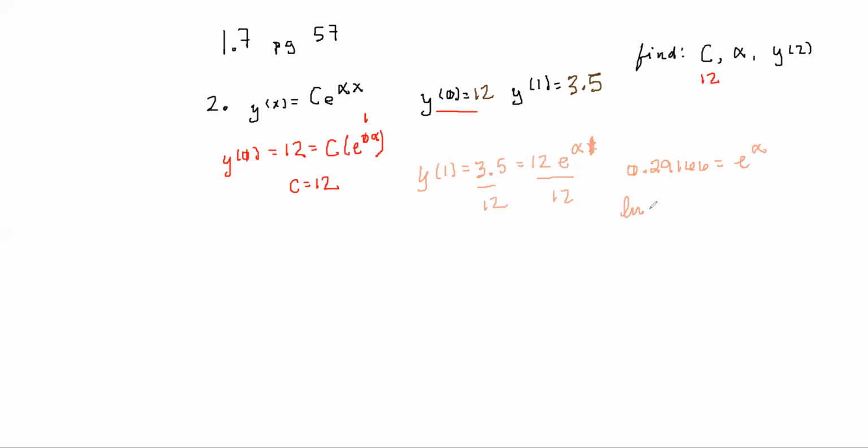So we're going to take the natural log of this, which is 0.29166, and the natural log of this. And we know that this is equal to 1. I don't know why I wrote a minus sign instead of a 1. So we know that alpha is going to be equal to the natural log of 0.29166 repeating. And I'm actually going to find out what that is.